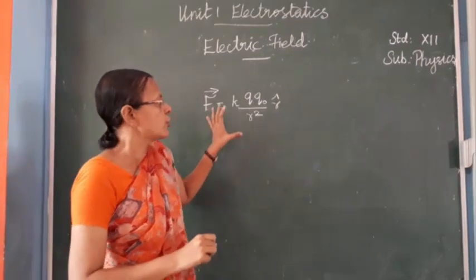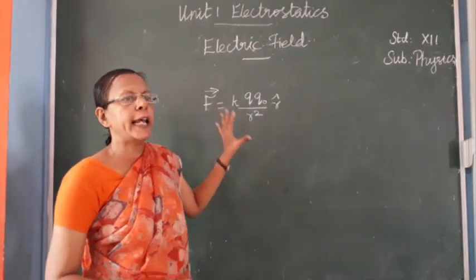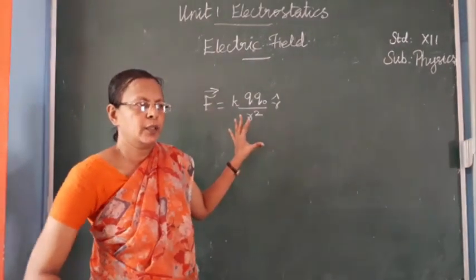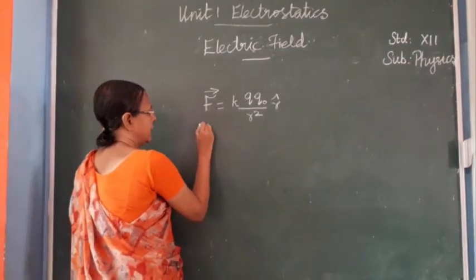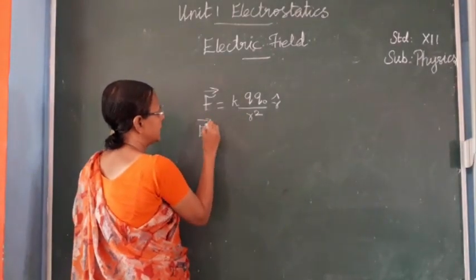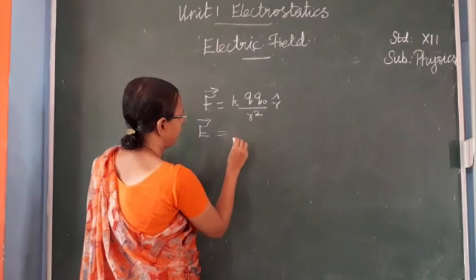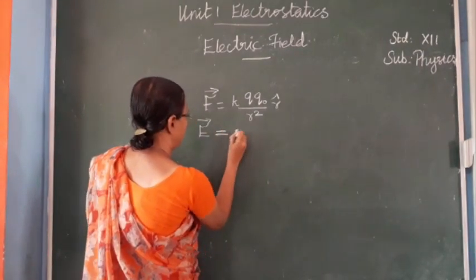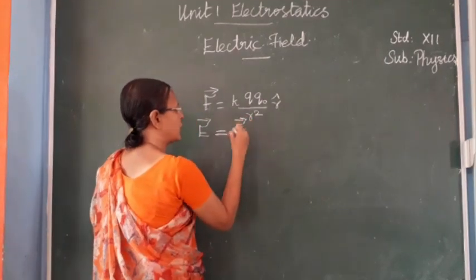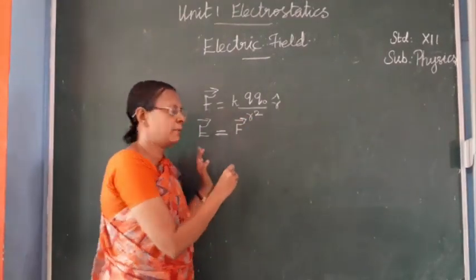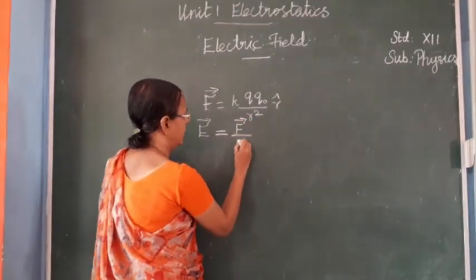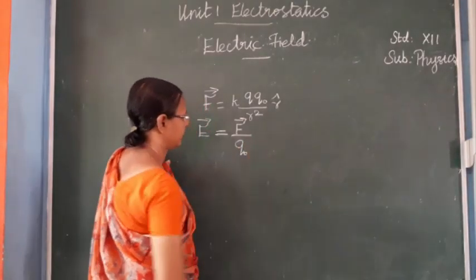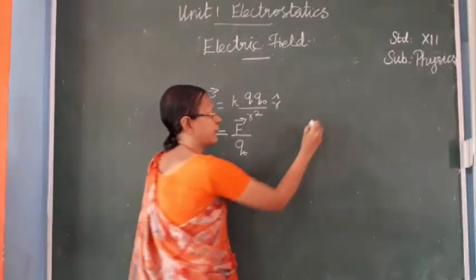Now we have to find out the electric field. So what is electric field? Electric field E is equal to force, which is a vector, divided by Q0.